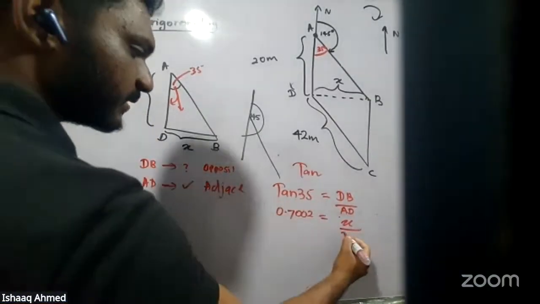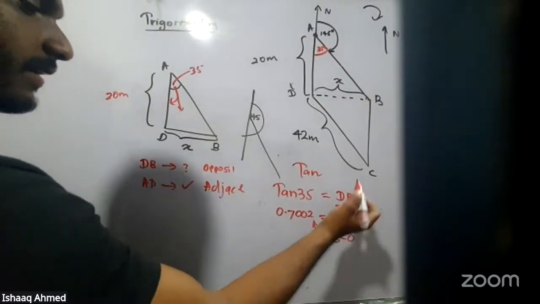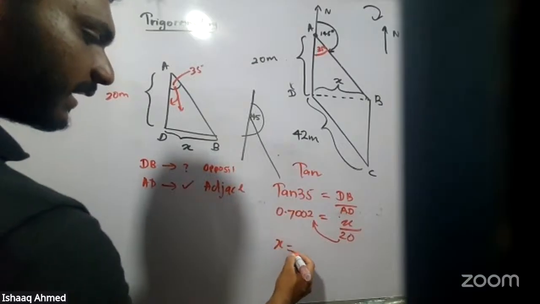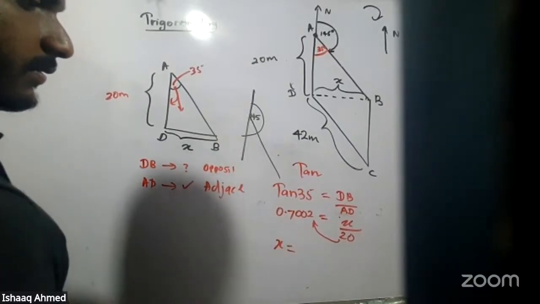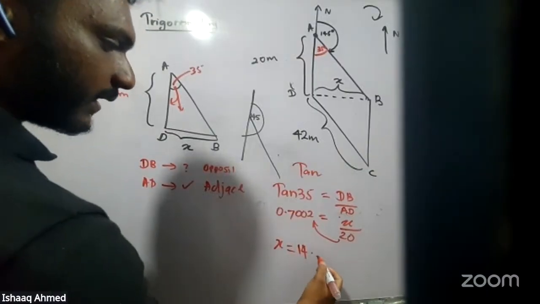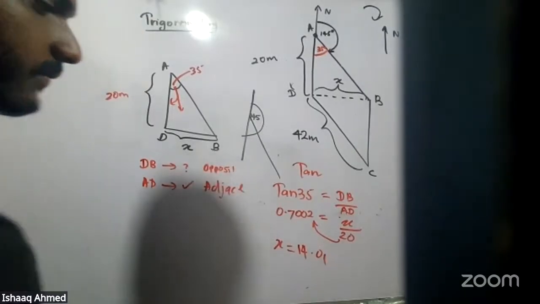We know that is 20. Now how to find x? We cross multiply. So x is how much? x equals 14.0104.